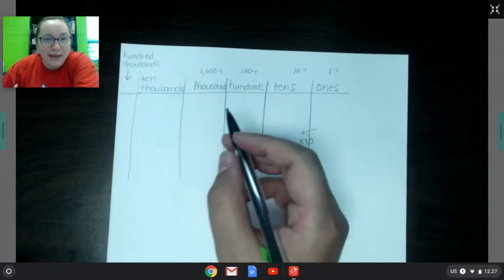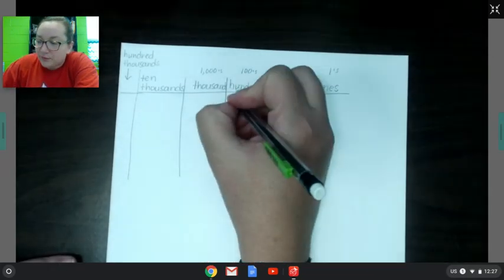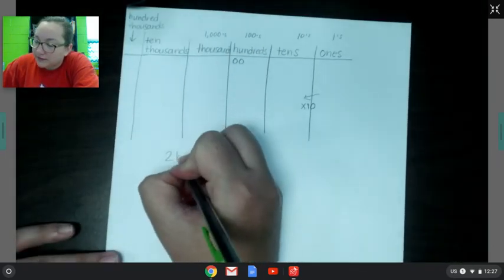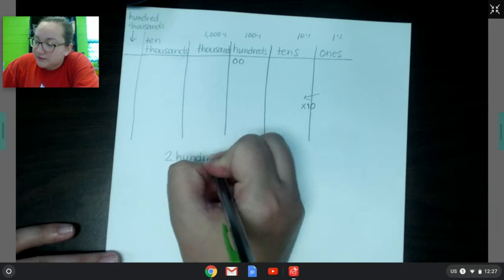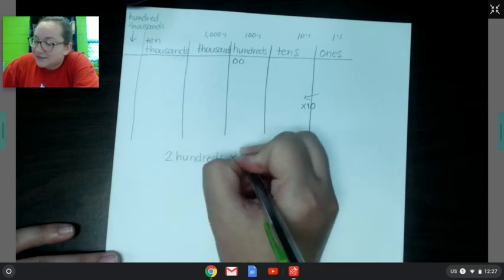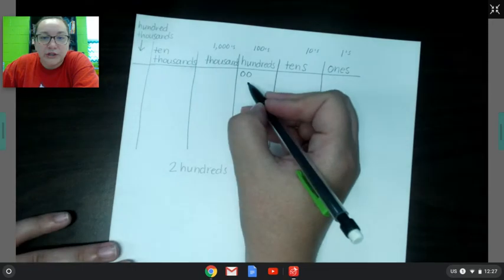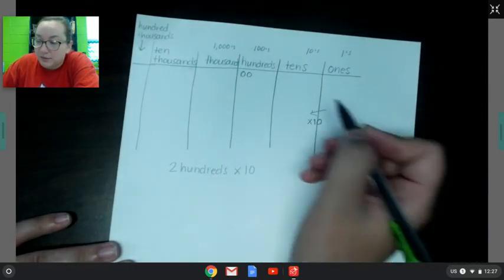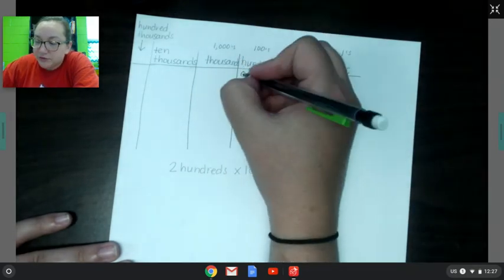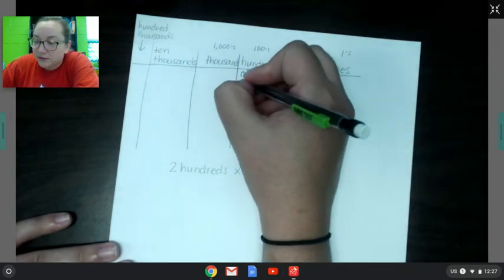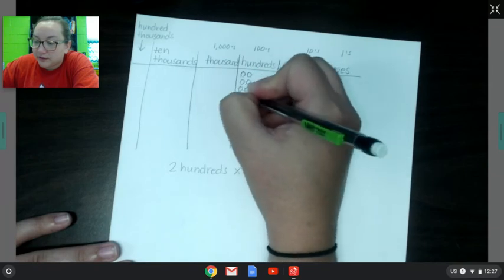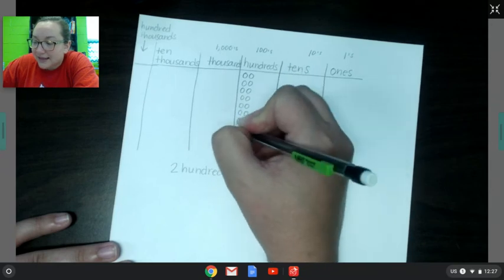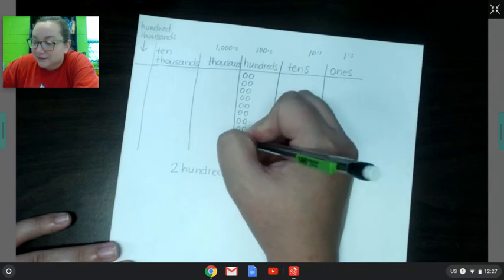Say that we have 200s, I'll write that here, 200s times 10. What we're going to do is multiply these two discs by 10. So when we multiply, we're just going to put 10 of these. So we have 1, 2, 3, 4, 5, 6, 7, 8, 9, 10.